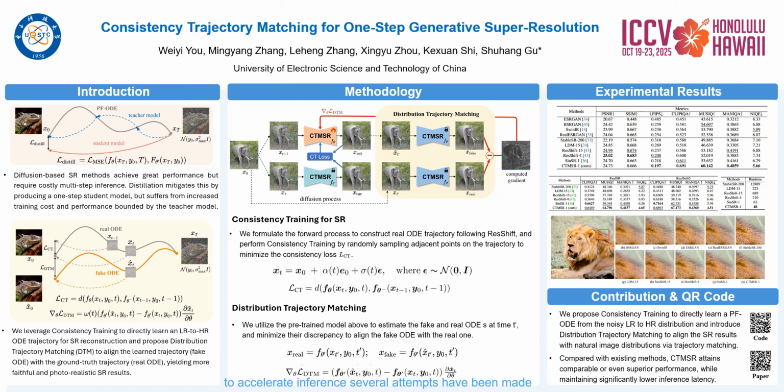To accelerate inference, several attempts have been made. Some studies explore advanced sampling strategies to reduce the number of diffusion steps, while others propose to model the initial state of the diffusion process as a low-quality image perturbed by slight noise instead of pure noise, which greatly reduces inference steps for generative SR. Furthermore, SinSR reformulates the inference process of ResShift as an ordinary differential equation (ODE) and directly distills it into one step.